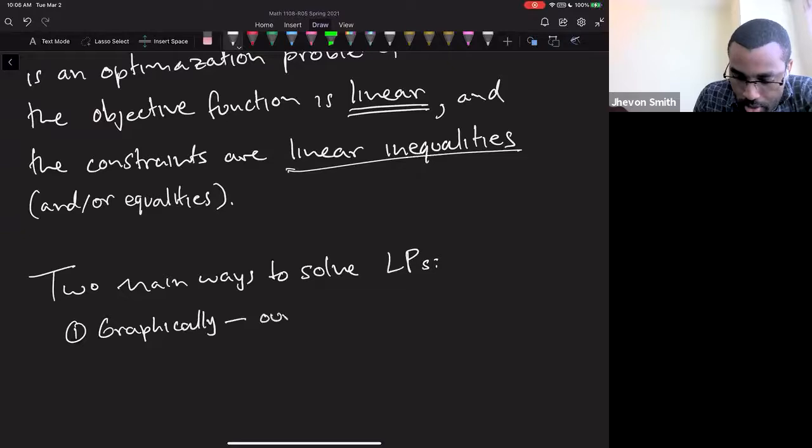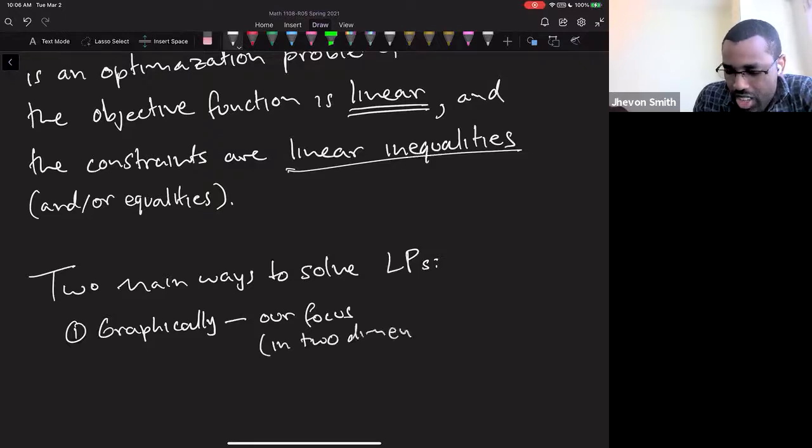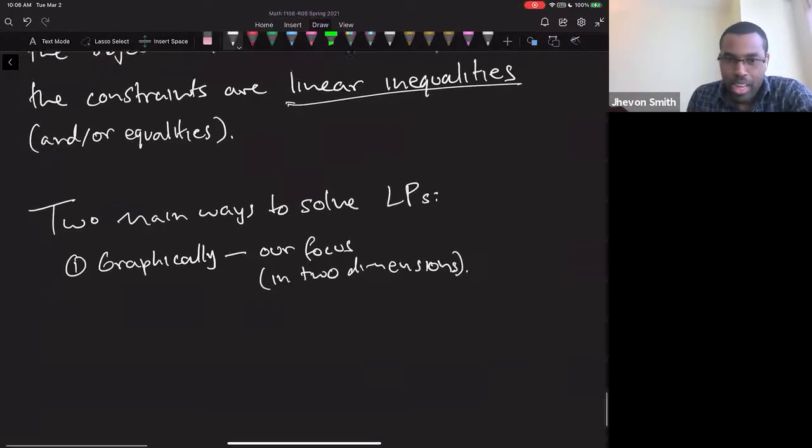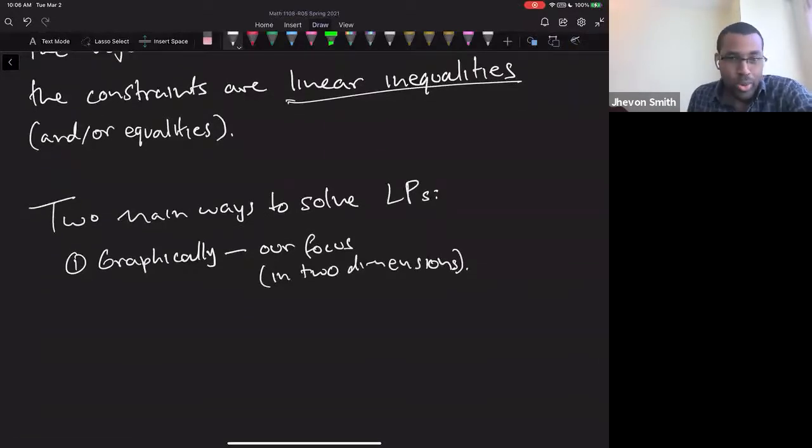This is our focus right now, and this is in 2 dimensions. You can do it in 3, but it becomes a lot harder very quickly. If it was higher than 2 dimensions, I would not do the graphical way, but 2 dimensions is what we're going to work on.